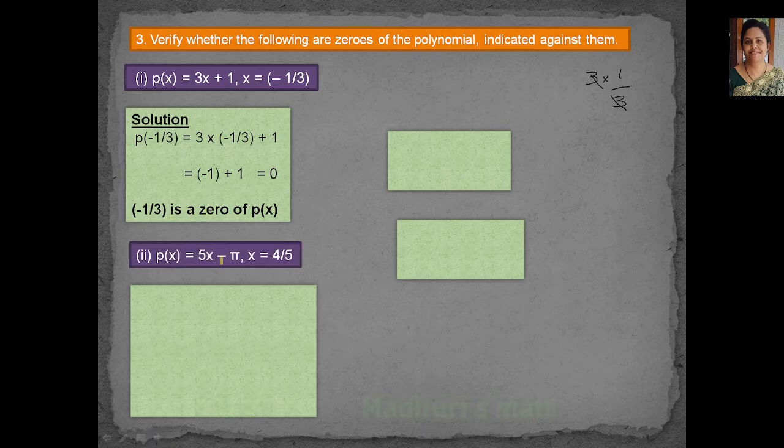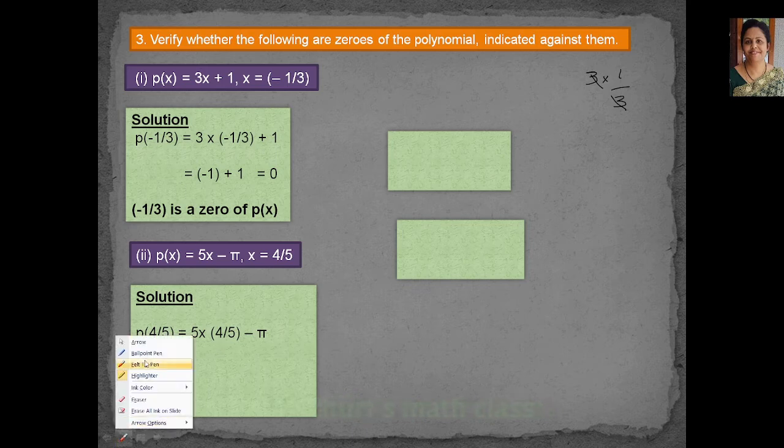Second one, 5x minus 5 when x is equal to 4 by 5. So P(4 by 5) is 5 into 4 by 5 minus 5. What is 5 into 4 by 5? 5 into 4 divided by 5. 5 and 5 cancel.